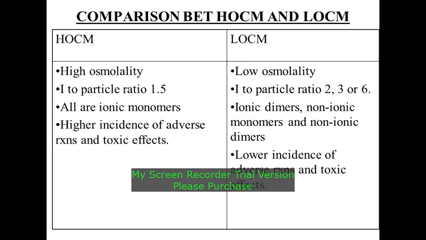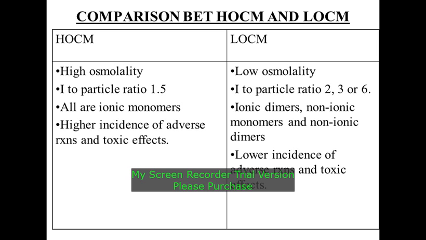Comparison between the high osmolar contrast media and the low osmolar contrast media. High osmolar contrast media have, of course, high osmolality, and low osmolar contrast media have low osmolality. Iodine to particle ratio is 1.5 in HOCM, and in LOCM it's 3 or 6.